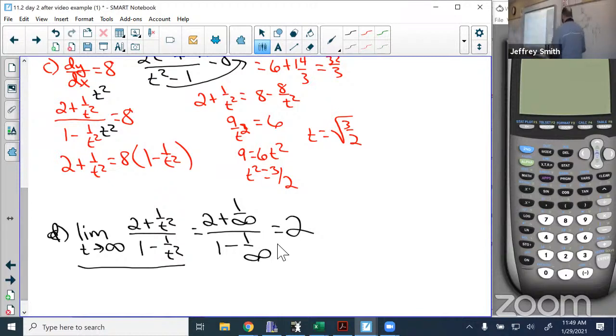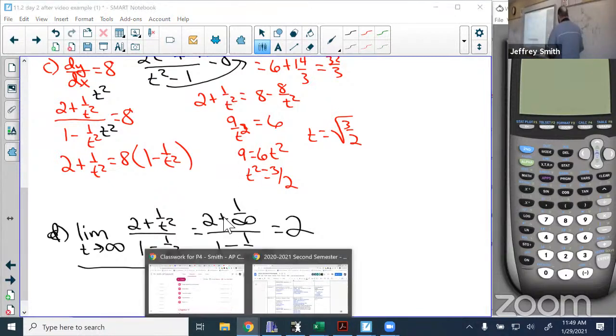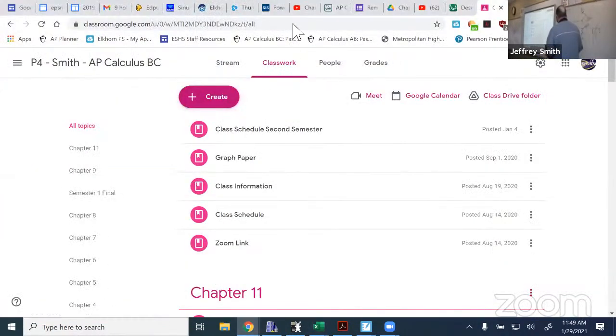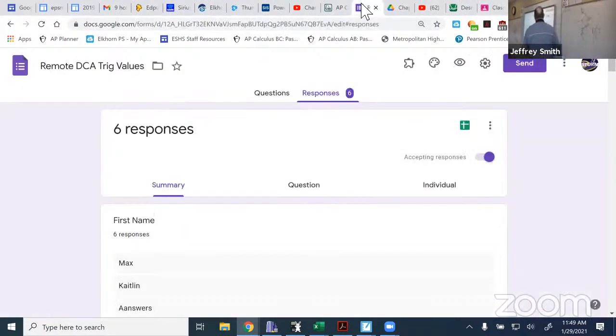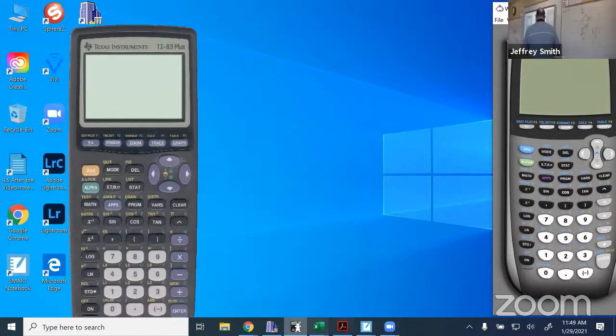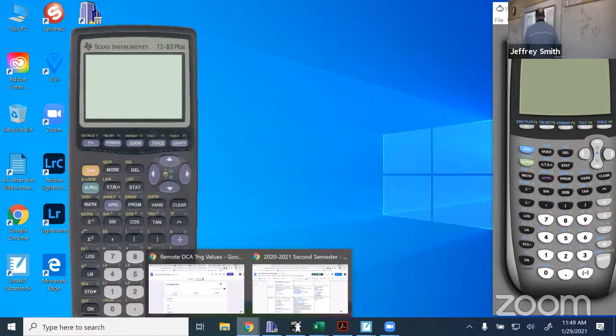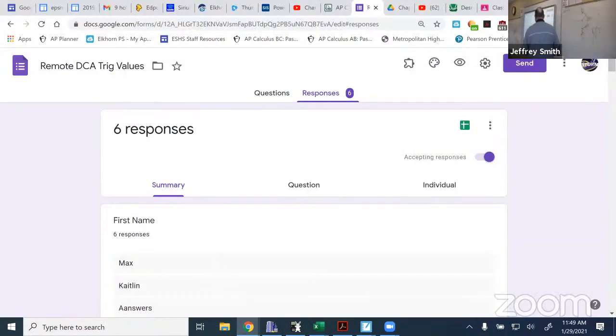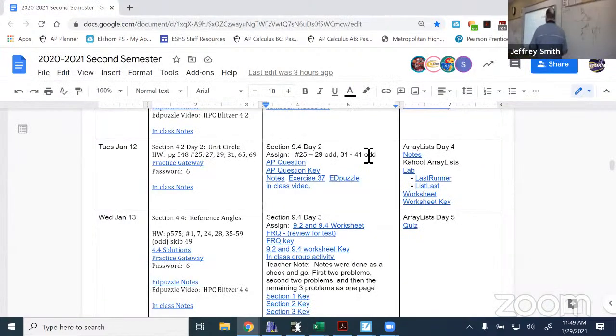All right, here's what I'd like you to do. On my schedule, I have an exit ticket for you guys, which I don't do a lot. I'm going to try to do this a little more, to kind of use them to get you ready for the test. Here's my schedule.